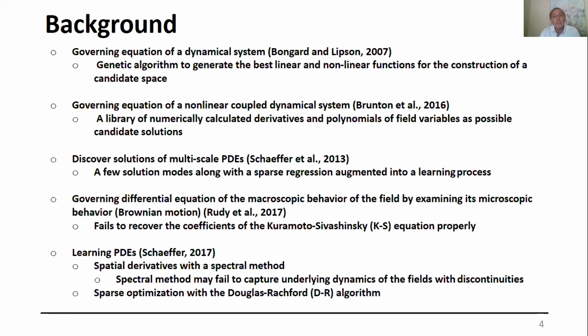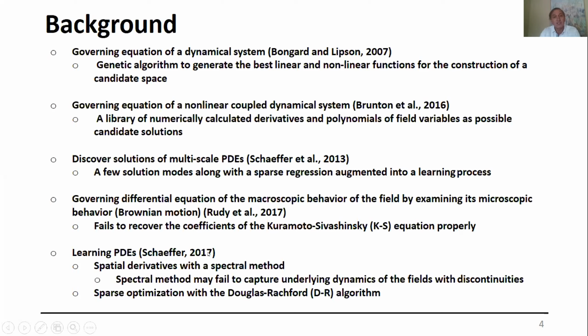Then Rudy and his colleagues, 2007, used the macroscopic behavior of the field, and by examining the microscopic behavior, which is a Brownian motion, they were able to come up with the governing differential equation of this field equation. However, in their case, they failed to recover, for example, the coefficients of the Kuramoto-Sivashinsky equation properly.